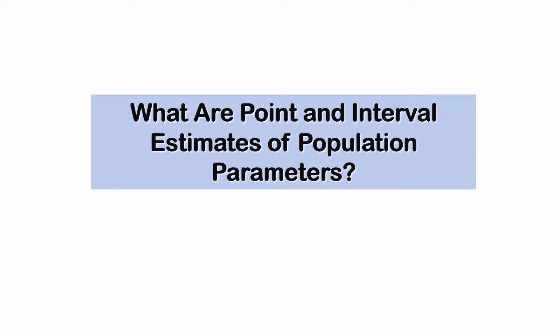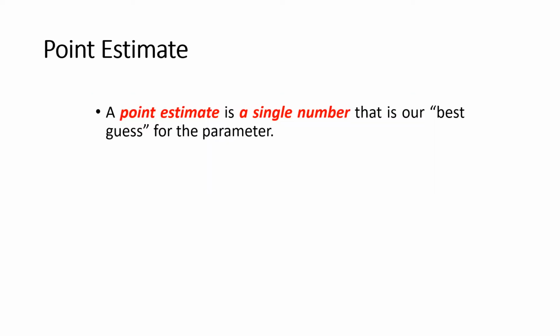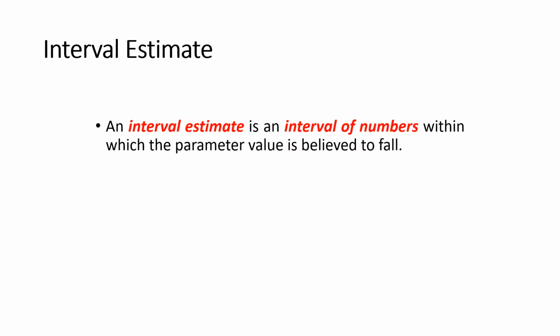What are point and interval estimation of a population parameter? The point estimate is a single value that is our best guess for the parameter. Interval estimation is an interval of numbers. This means you have a range of numbers, for example 5 to 10, within which a parameter's value is believed to fall.